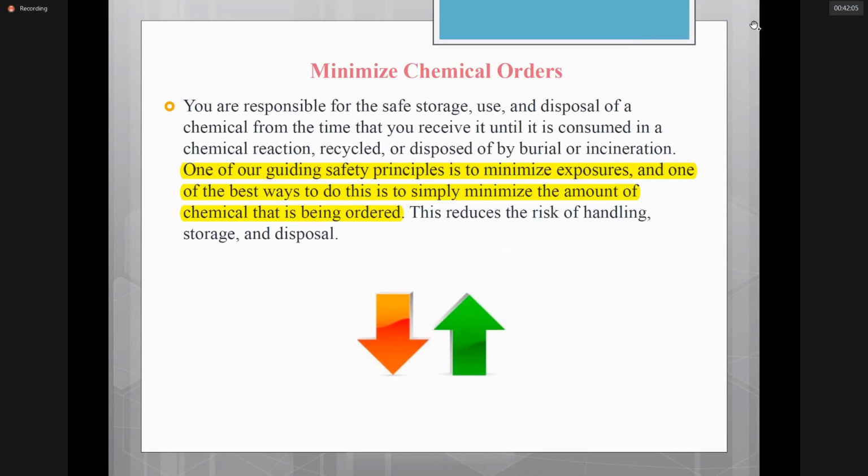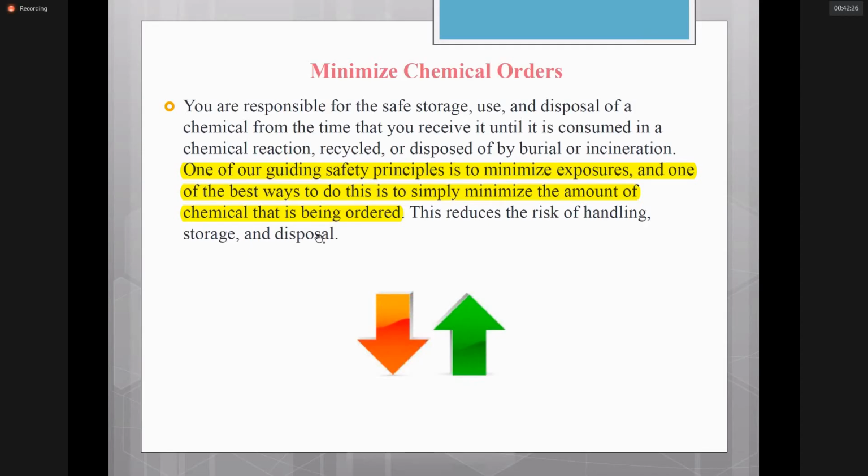If we apply these safety principles to minimize the exposure, the best way is to minimize the amount of chemical that we are ordering. So we will reduce the risk of handling and storing this chemical, and therefore the disposal, or the way of getting rid of it.